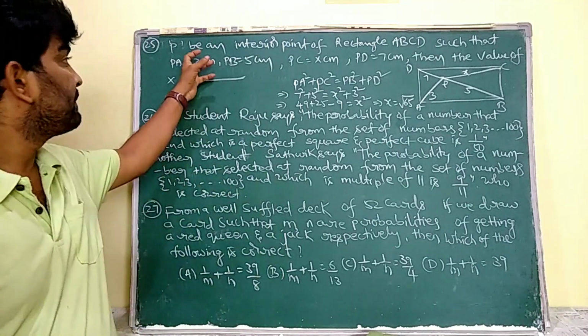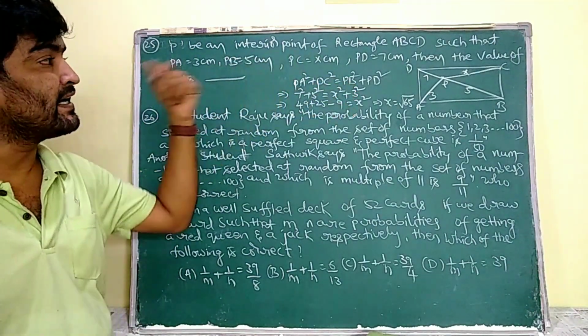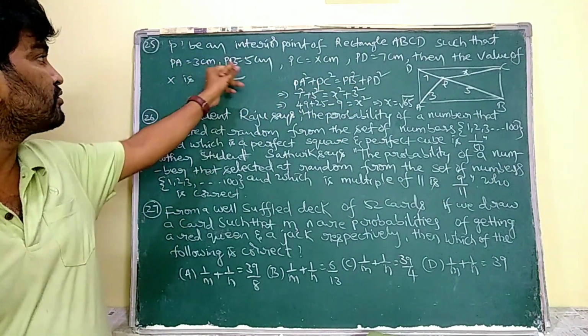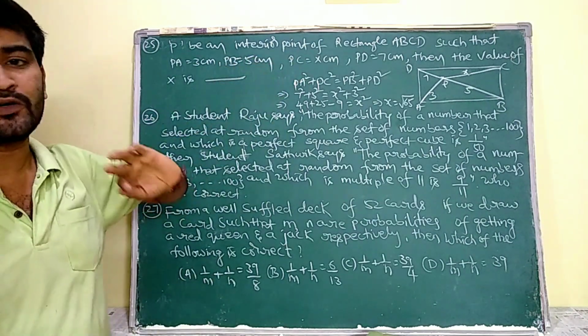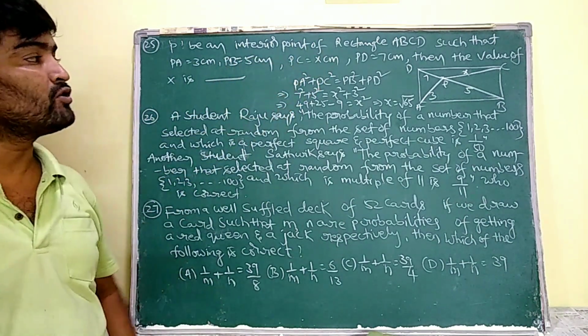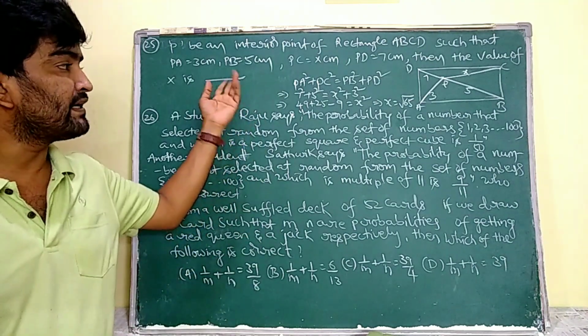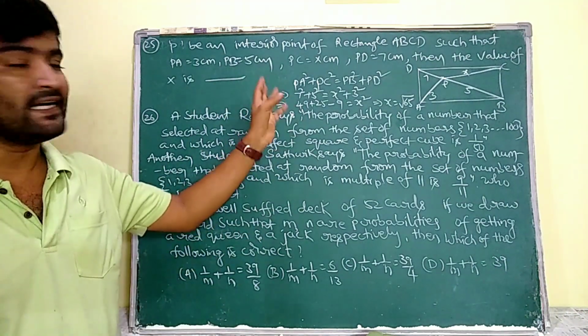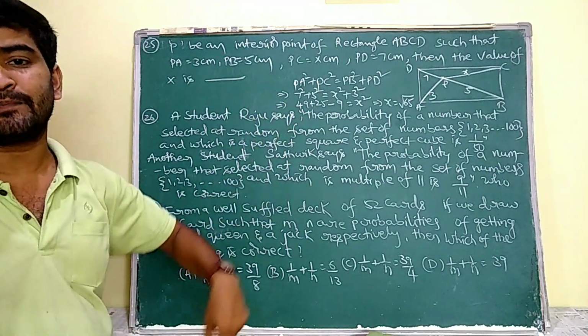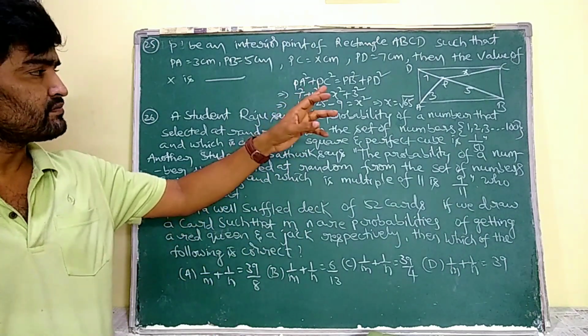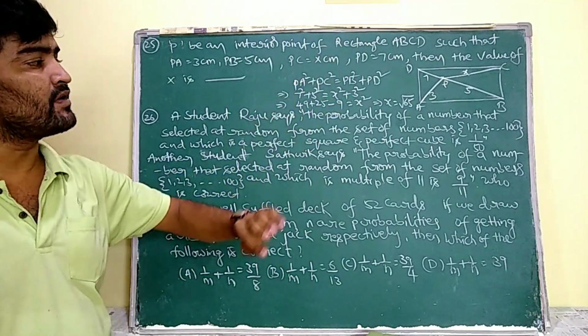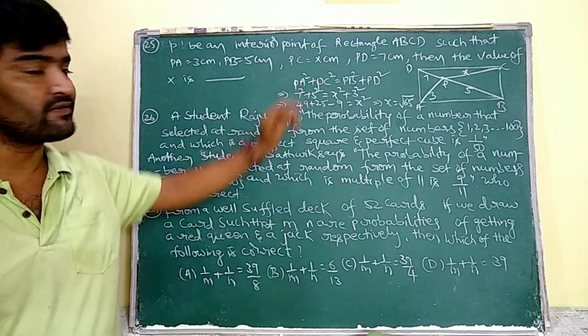See, P be the interior point of the rectangle ABCD such that PA is equal to 3, PB is equal to 5, PC is equal to X and PD is equal to 7. Then he is asking you to find the value of X. We know that in a rectangle if P is an interior point, then AP square plus PC square is equal to PB square plus PD square.